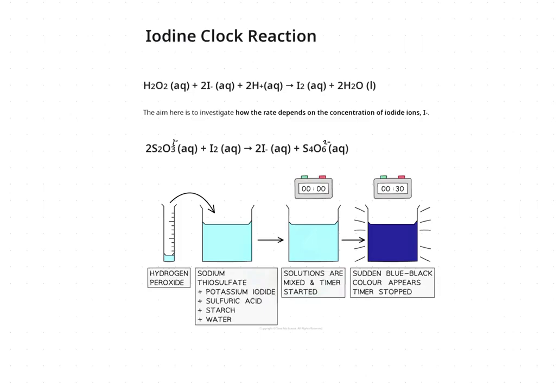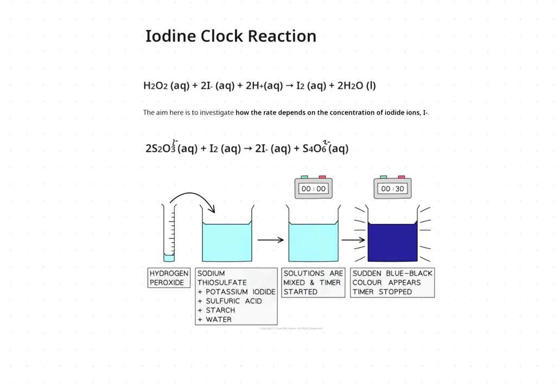So the hydrogen peroxide, which is the ultimate reactant, is added to the solution with sodium thiosulfate, potassium iodide, sulfuric acid, and water, and then the reaction starts. Very important: to see a sharp color change, iodine requires an indicator.